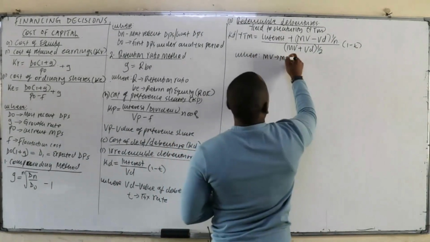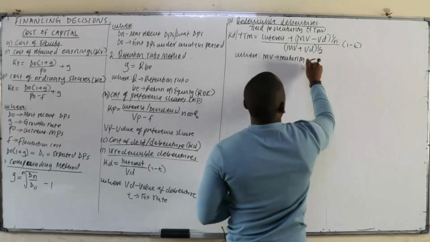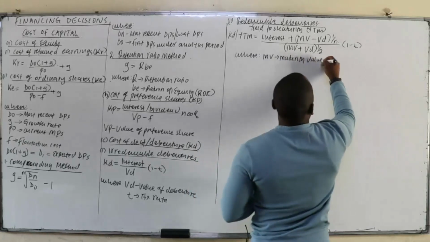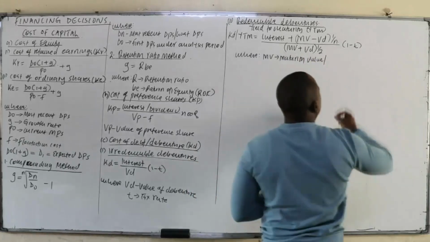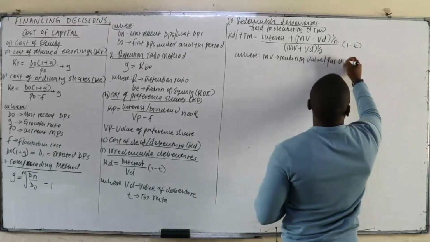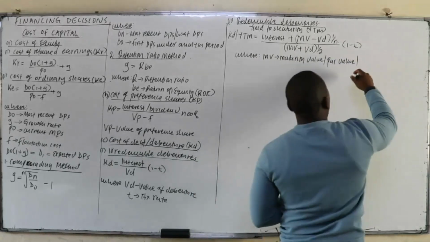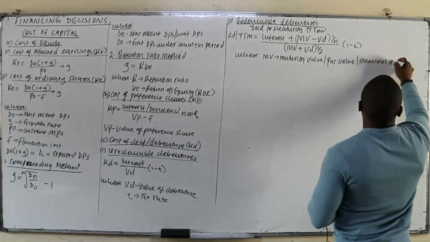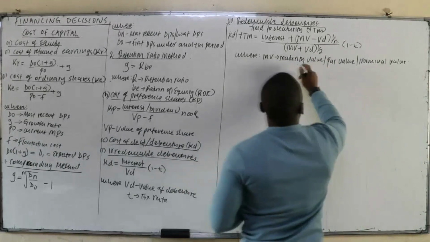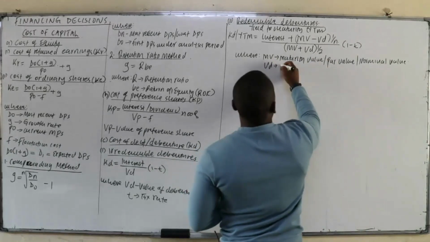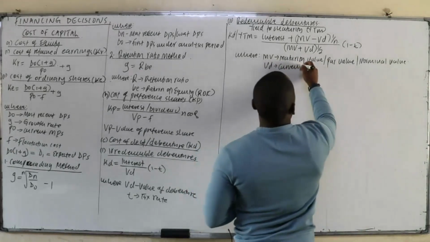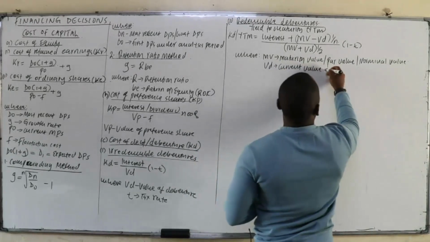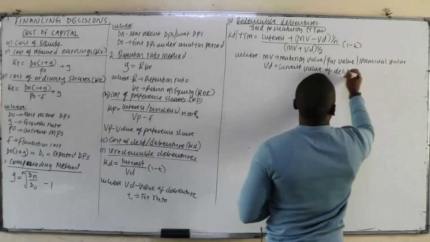MV is the maturity value. Debt always will mature at its par value, so the par value becomes the maturity value, and the par value is also known as the nominal value. Then we have VD, the current value of the debt.